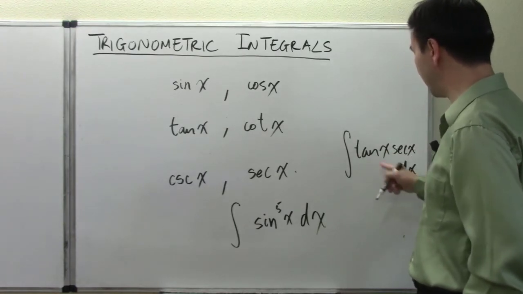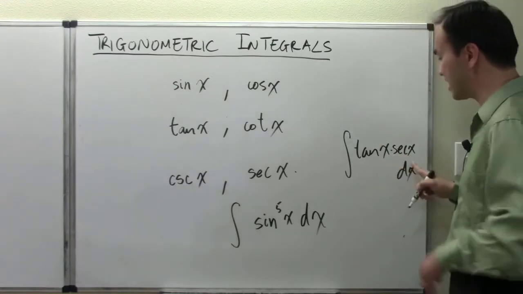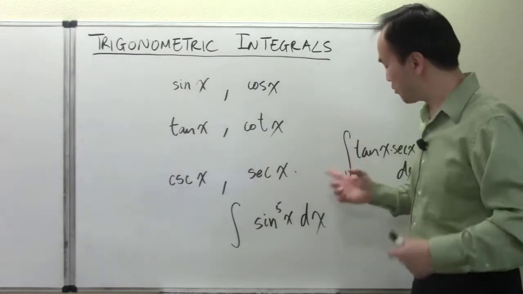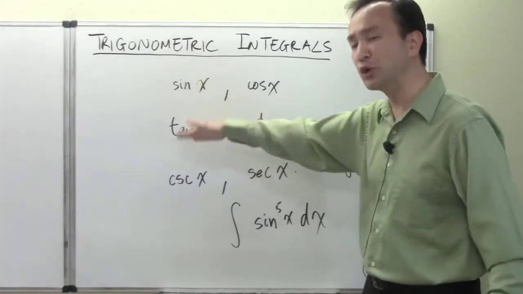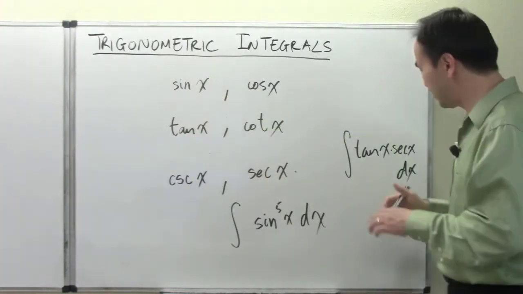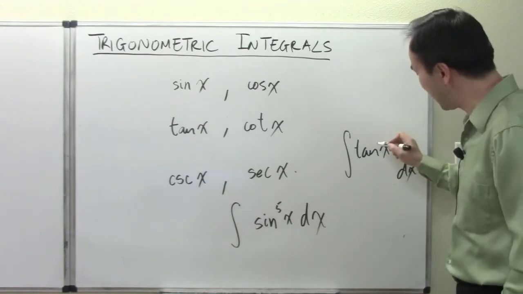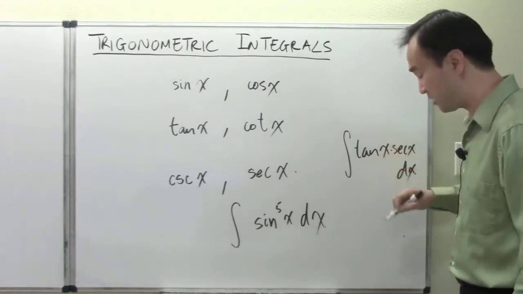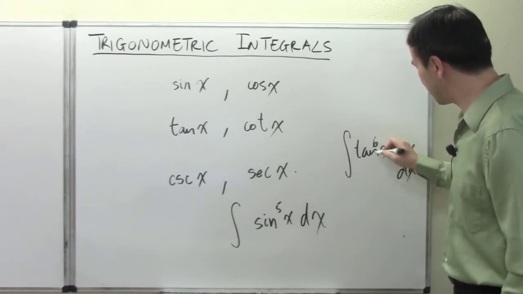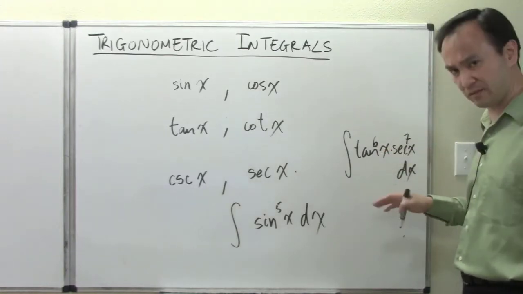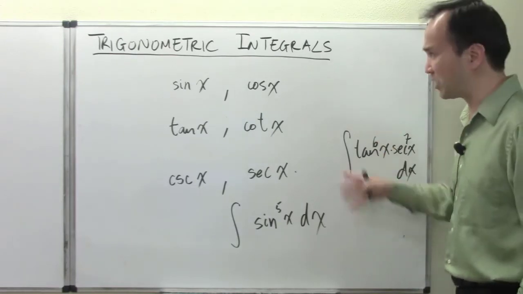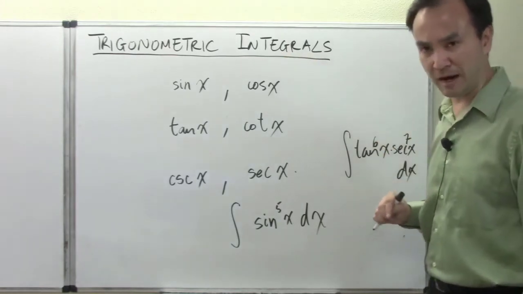So the function we're working with could be a product, a combination of two trig functions. And what's even worse, any of these can be raised to a power, so power 6 on the tangent and power 7 on the secant. Those are the kinds of functions. These are all quick examples of what trig integrals are all about.